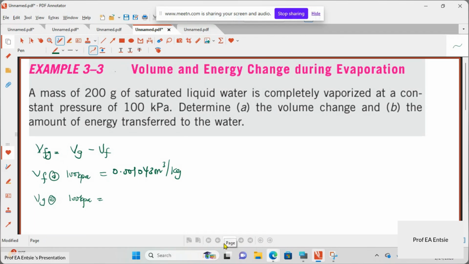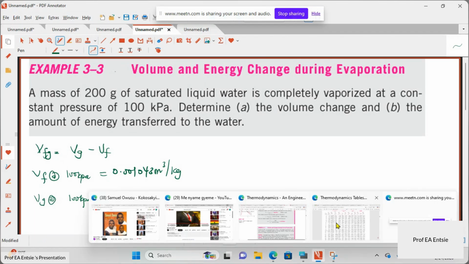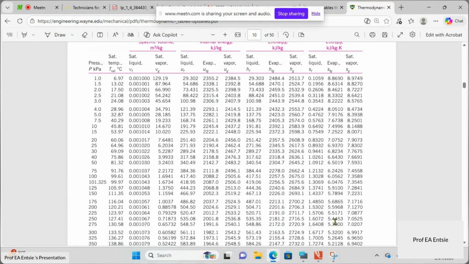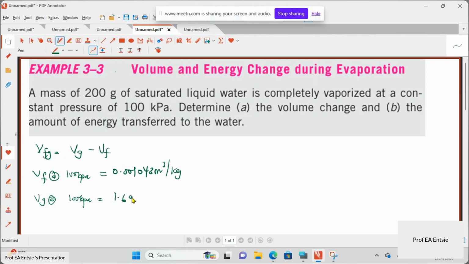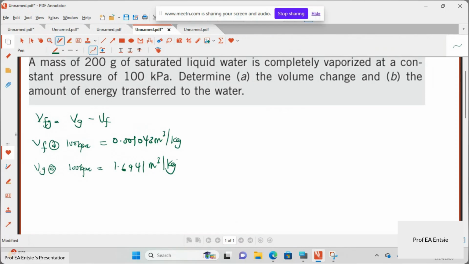Then I'll read the specific volume at saturated vapor at that pressure again. So vg at that pressure, 100 kilopascal, is 1.6941 meters cube per kilogram.